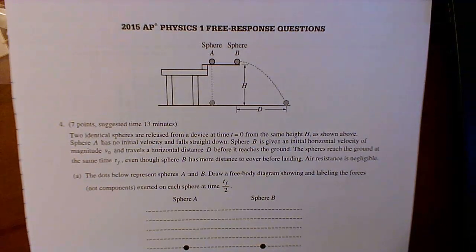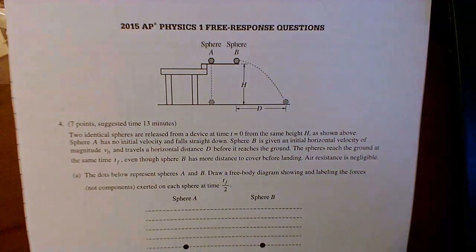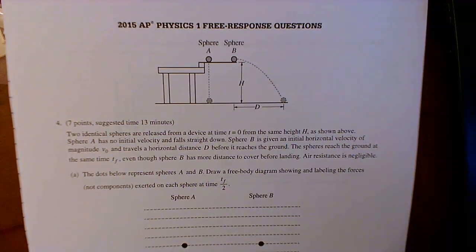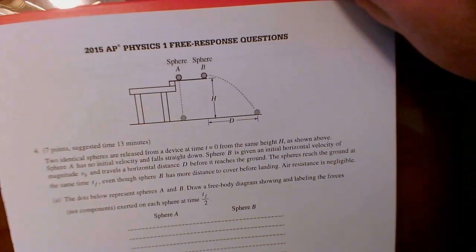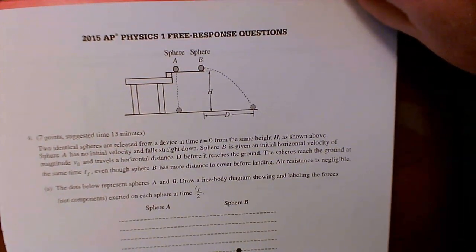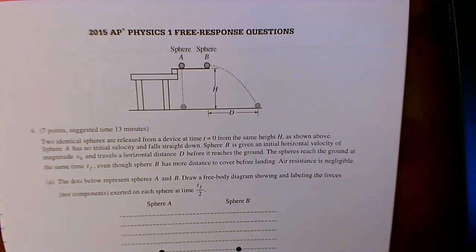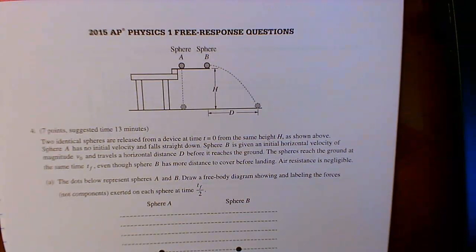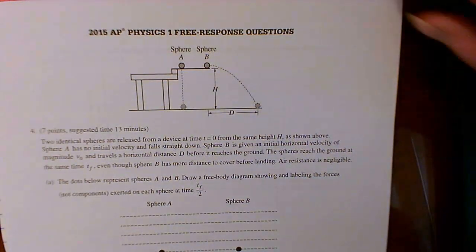The spheres reach the ground at the same time, called TF, even though sphere B has more distance to cover before landing. Air resistance is negligible. The dots below represent A and B. Draw a free body diagram showing and labeling the forces exerted on each sphere at TF divided by 2.